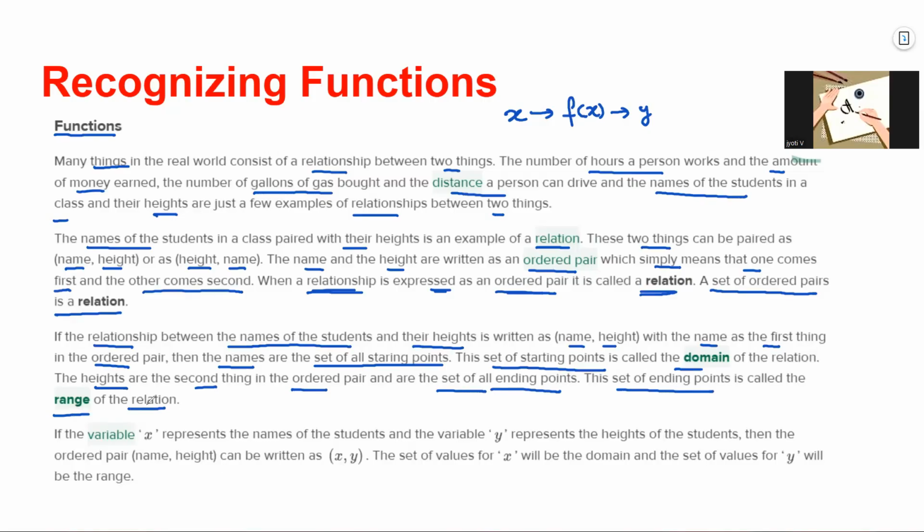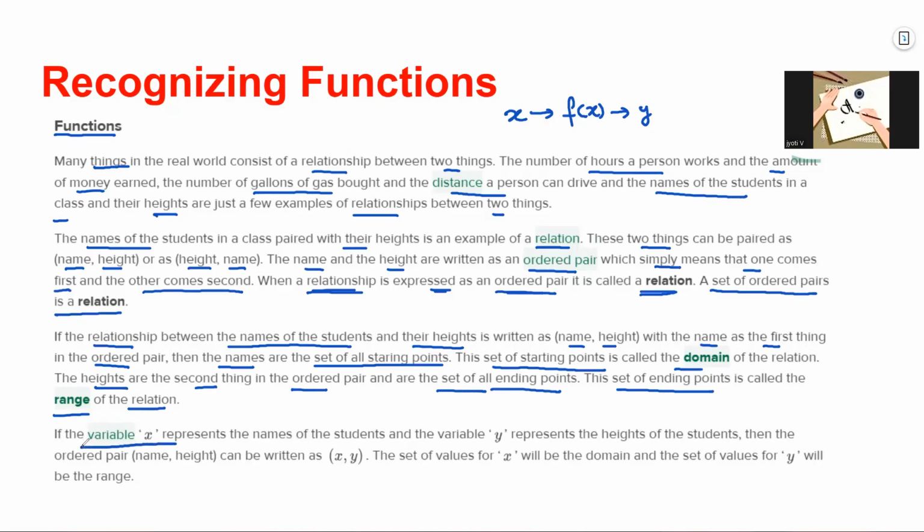So a relation will have a domain set and a range set. The domain set consists of all the first things in an ordered pair, and the range is the set of all things which come in the second part of the ordered pair.